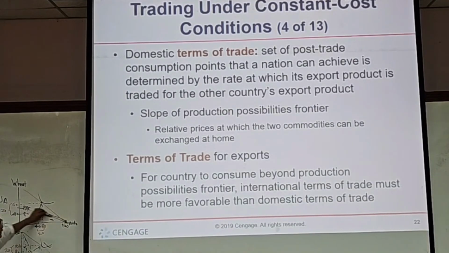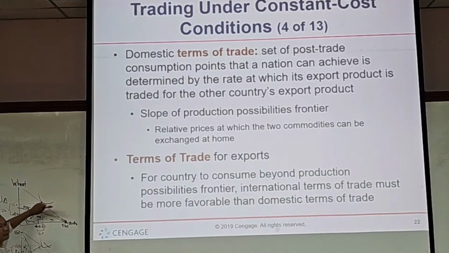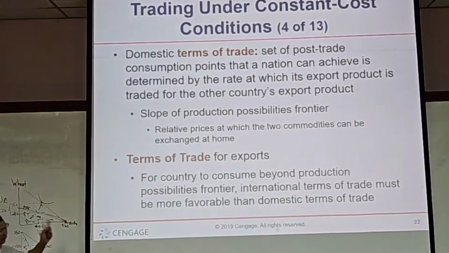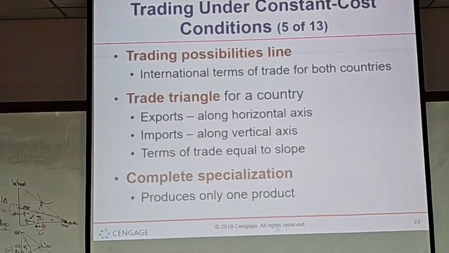Both countries, domestic. Let's say it's this one. You follow me? Production possibilities frontier, the red one, more favorable. International, the red one. On that red line, the trading possibilities line, the trading triangle, this is international terms of trade for both countries.